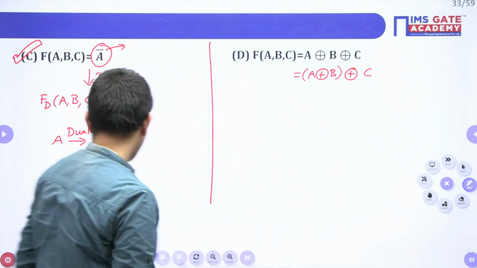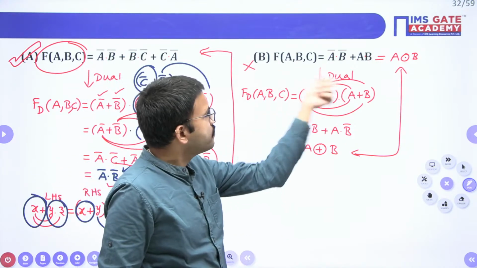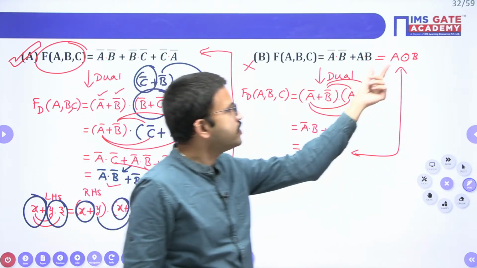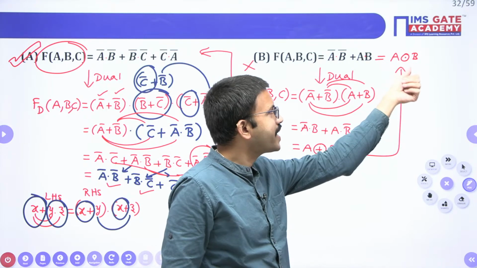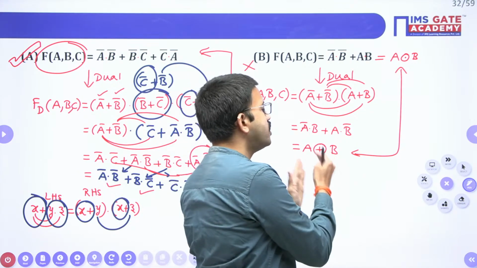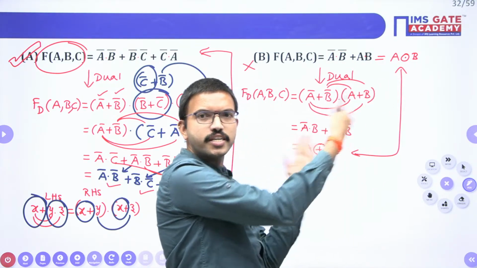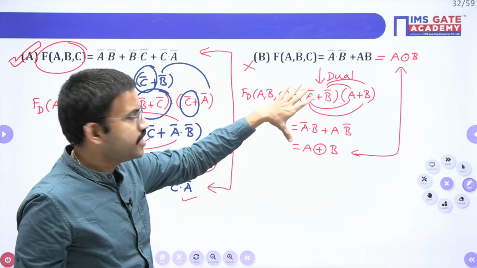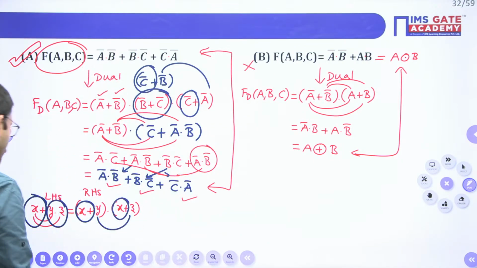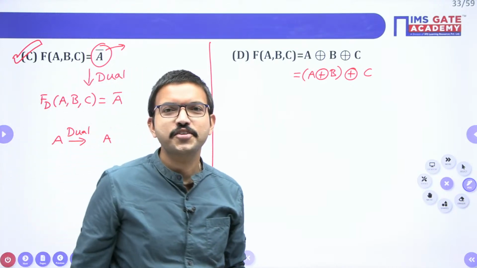Just recall the conclusion we have discussed: whenever you have two variables with XOR or XNOR, if you apply dual, XOR will become XNOR, and dual of XNOR becomes XOR, vice versa. So with this understanding, we can now solve option D.